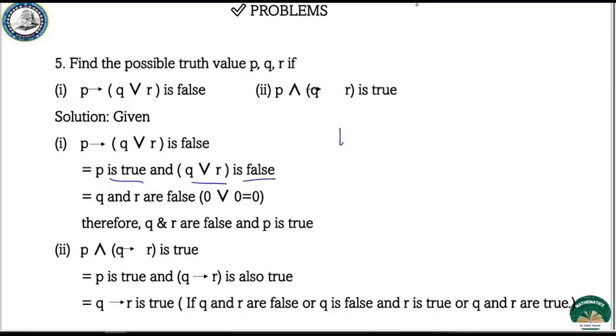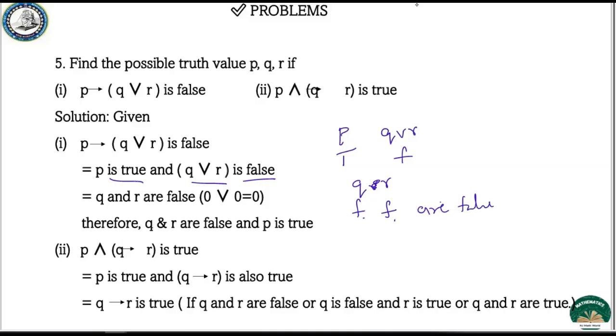If P is true and Q or R is false, then for Q or R, Q will be false and R will be false. If it is false or false, the answer is false. So Q or R is false means Q is false and R is false. Therefore, the answers are false.